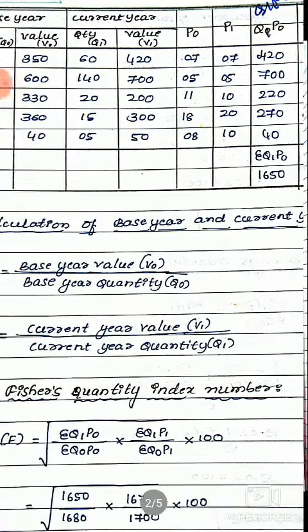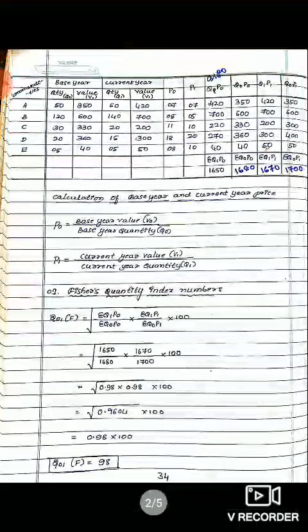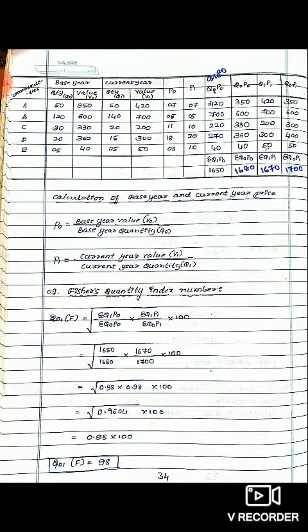So this is the formula, that is calculation of the base year and current year price. So base year price should be denoted as P naught and the current year price denoted as P1.